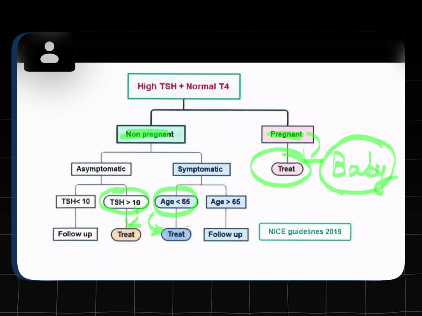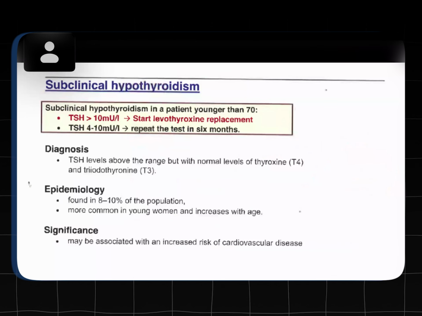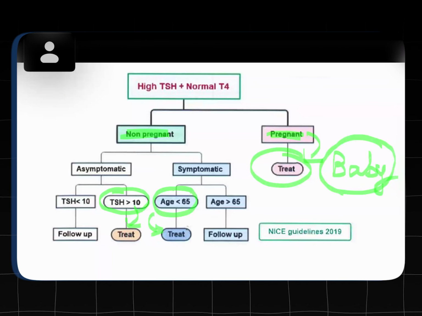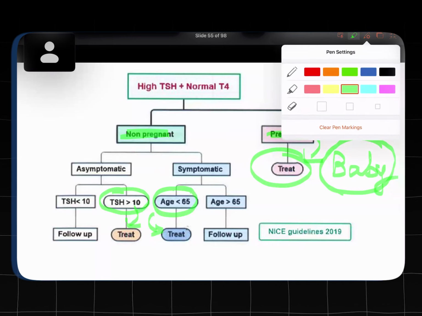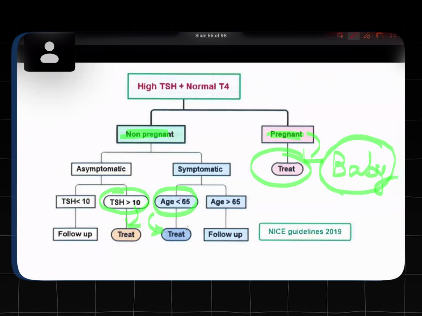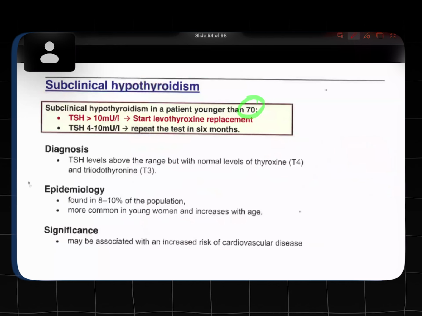This is an old chart. Now the recommendation is 70. I'm sorry, I did not see it previously, but just remember that this is now 70, not 65. This has been changed in the recent NICE guidelines. I think this chart is for 2019, so if you see the 2023 NICE guidelines regarding hypothyroidism, you will see this change.